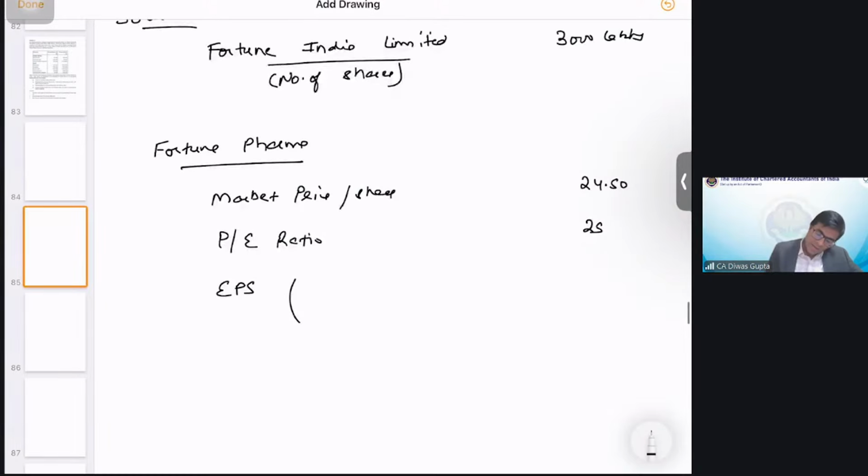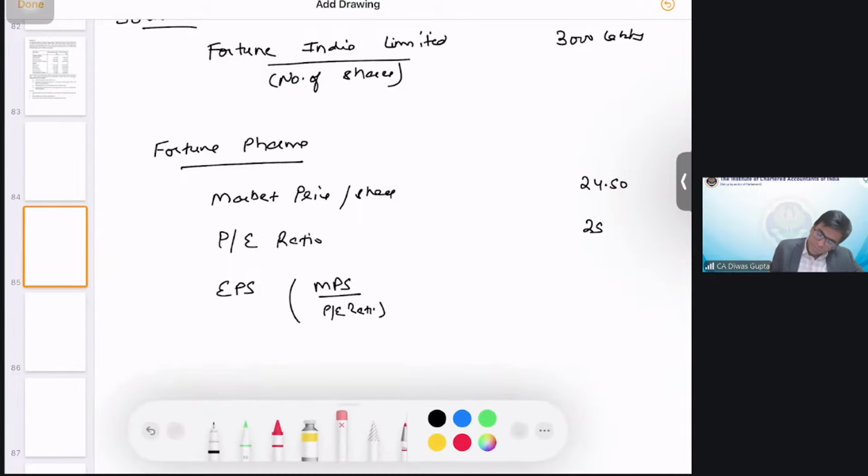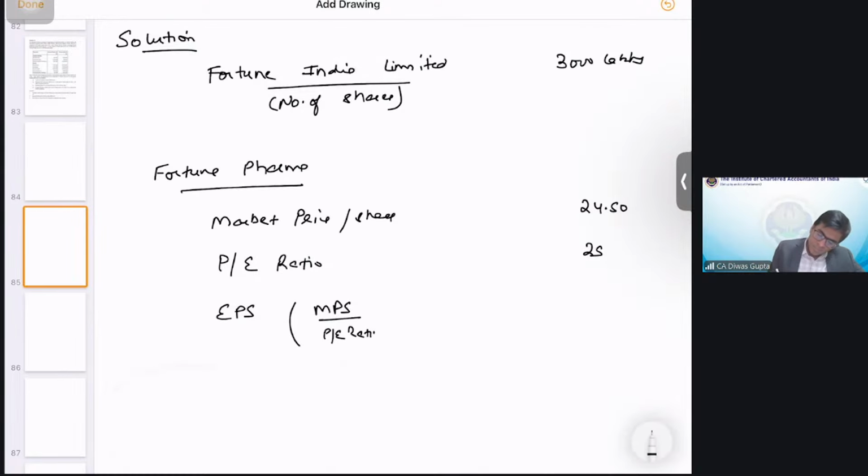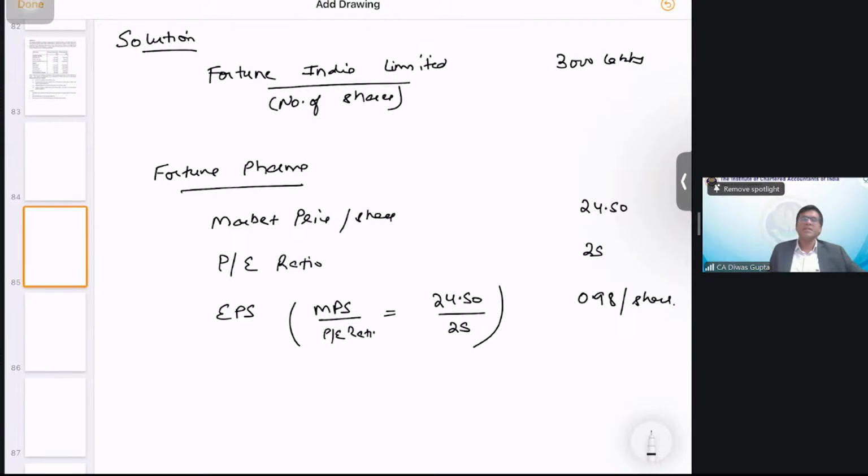Earnings per share will be market price per share divided by the PE ratio, MPS divided by PE ratio. So 24.50 divided by 25. Yes, very good, Saminathan. 0.98 per share. So EPS is 0.98 per share.